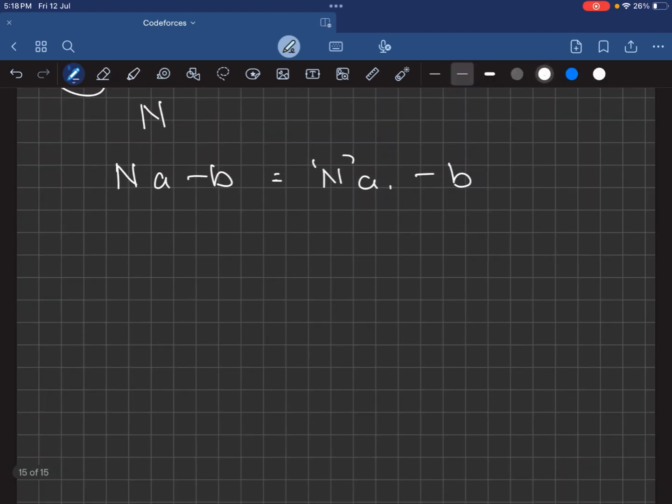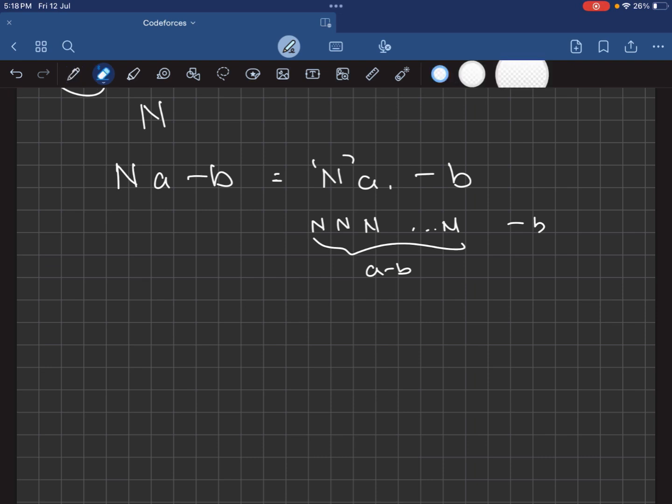Due to this, n occurs as a string a times, and when you subtract b, essentially the last b digits are skipped.